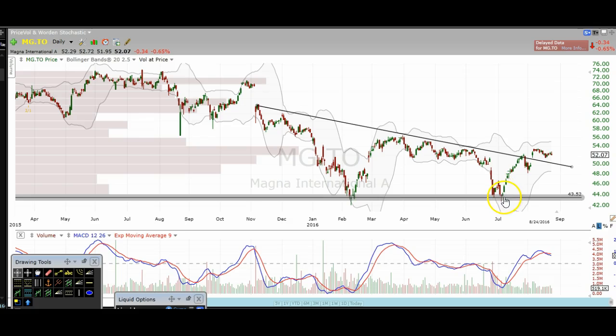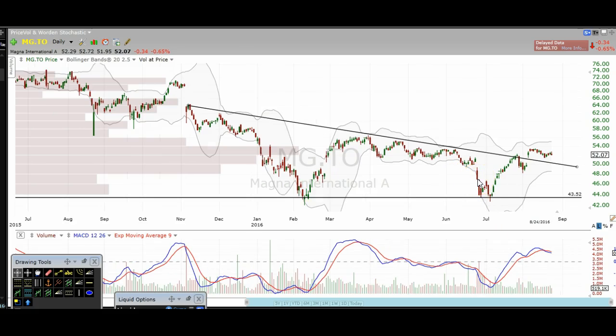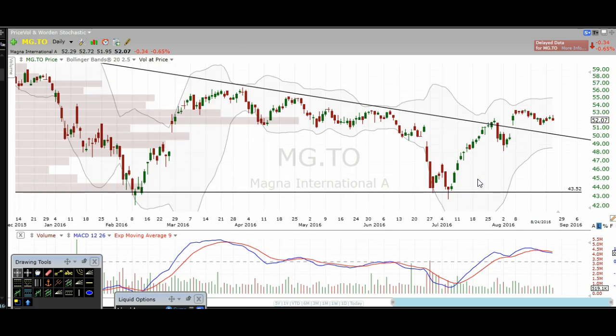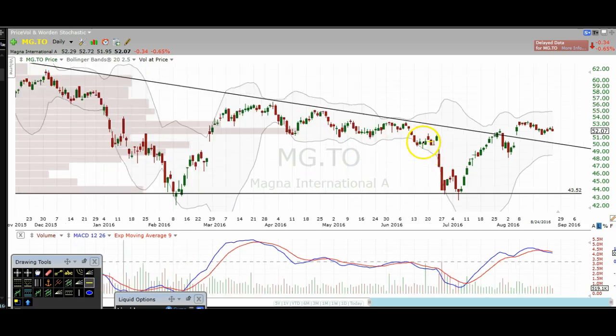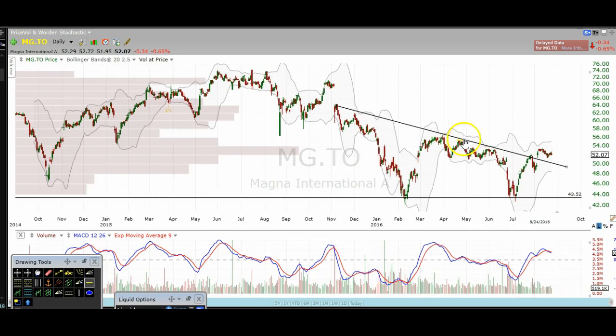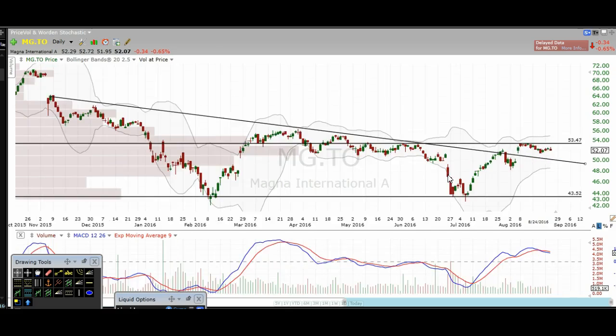Nice little double touch down here. See if I can see any kind of resistance levels in our way. Okay, so that 5350-ish level seems like it's a big one.